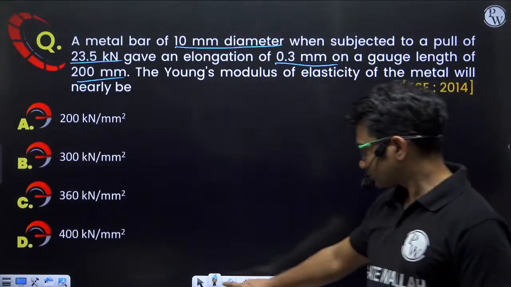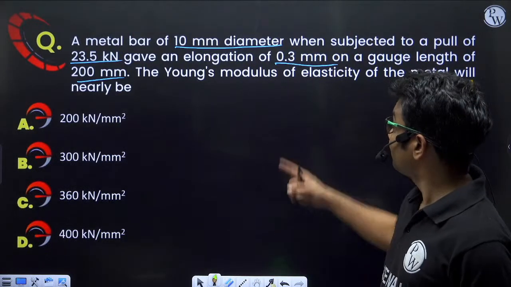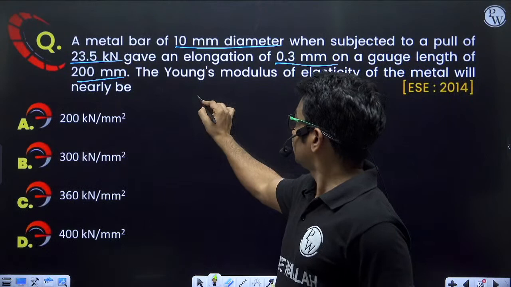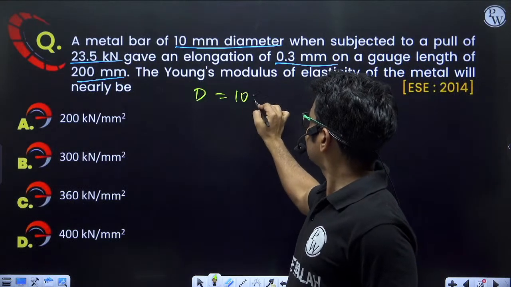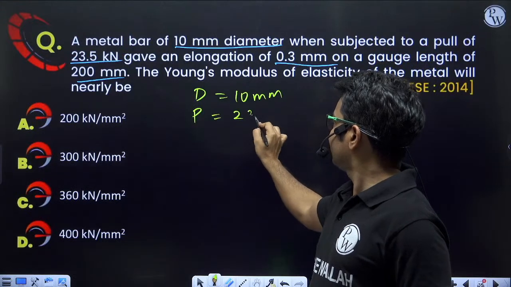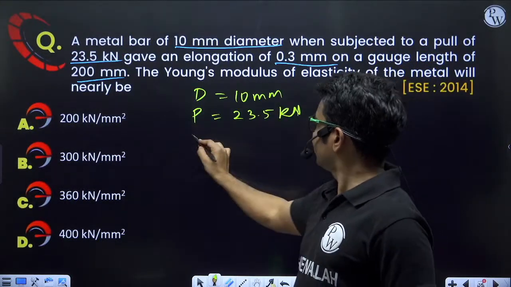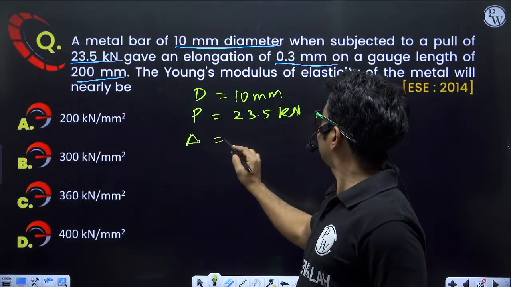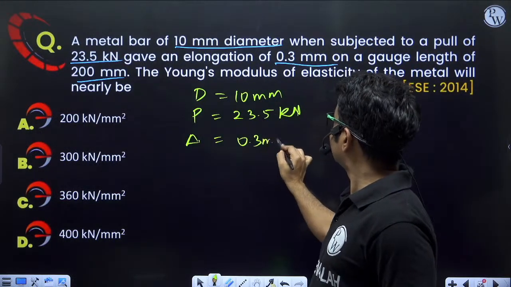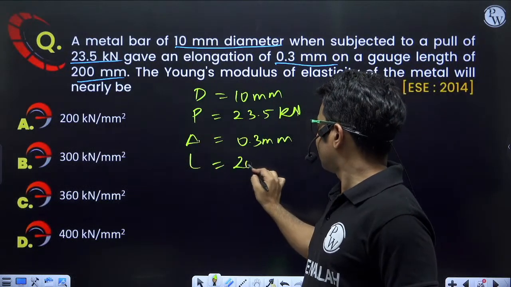Till then you are solving, let me write down the given information. So diameter is 10 mm, pull force is 23.5 kilonewton, elongation, change in length, delta will be equal to 0.3 mm, gauge length 200 mm.